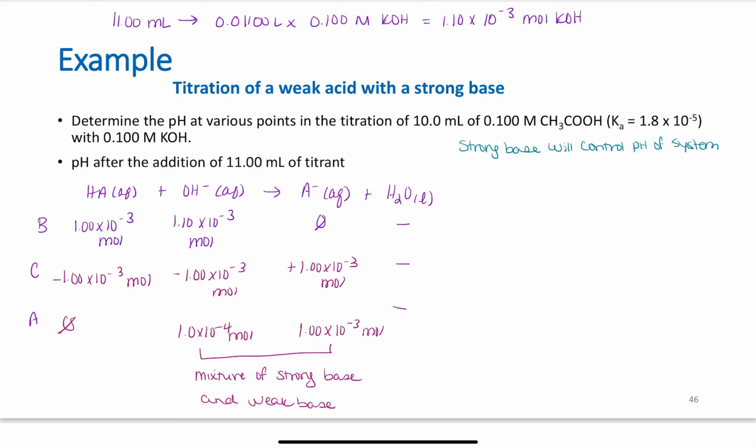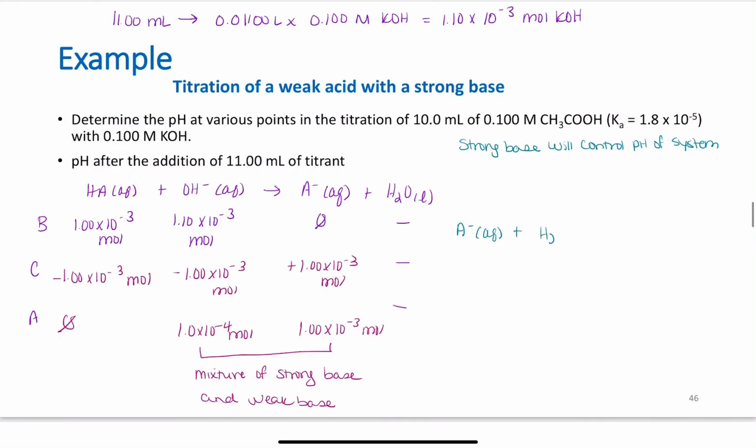To understand this, I want you to think about what your conjugate base does in solution. That conjugate base normally would react with water, forming an equilibrium, making some of its weak acid and hydroxide in solution, right? Except that I've got strong base, so I'm adding a ton of hydroxide to the solution.